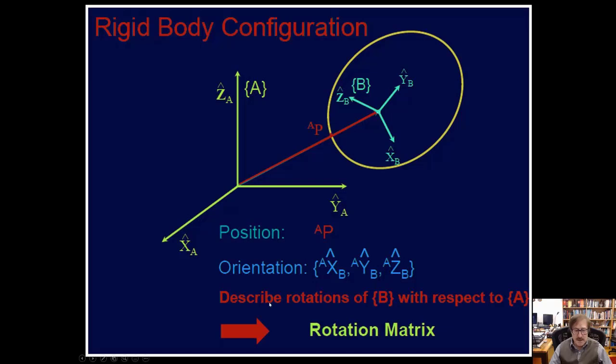In describing the rotations of B with respect to A, we used the rotation matrix. Now let us look at the rotation matrix closer.